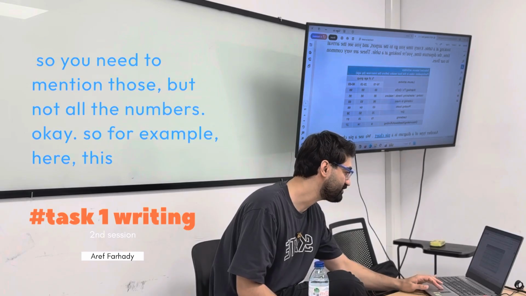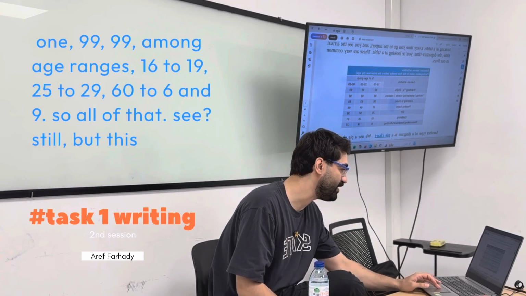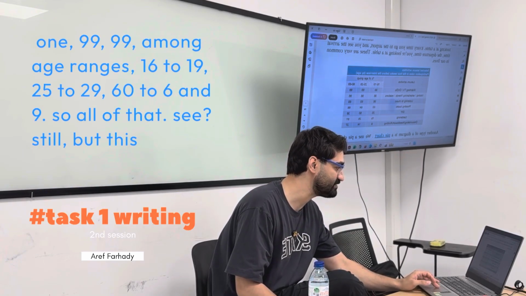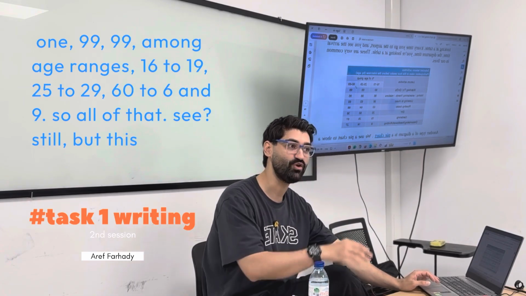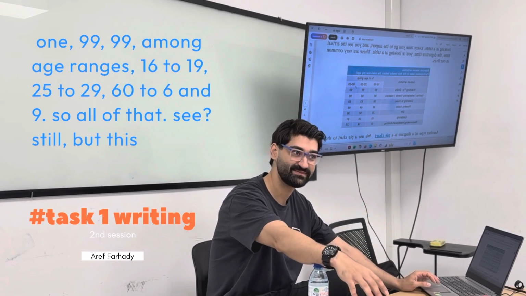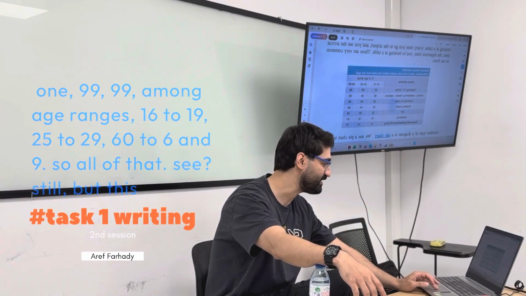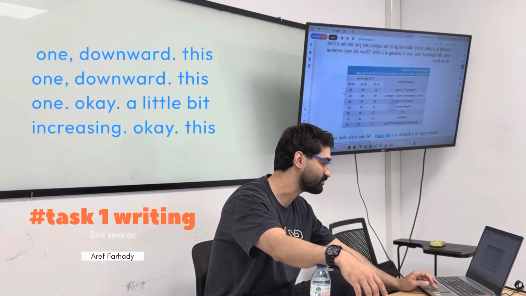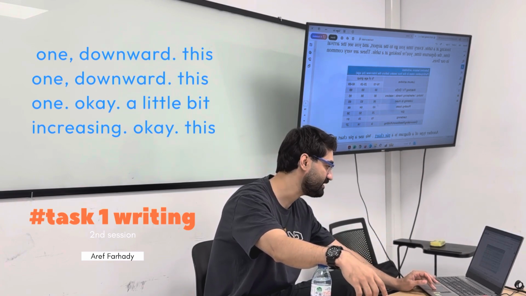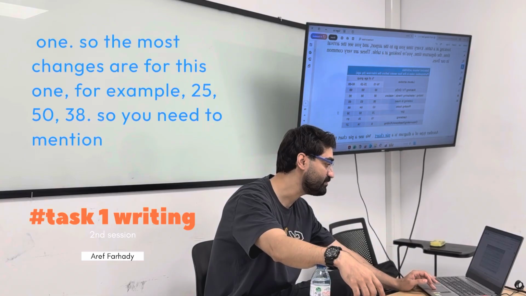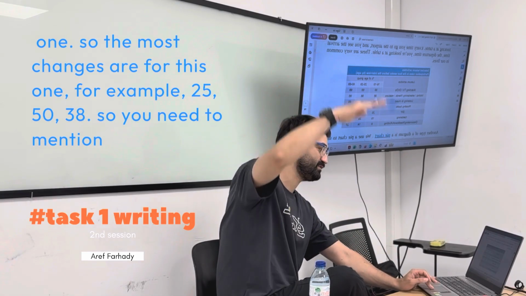So, for example, here, this one, 99, 99, among age ranges 16 to 19, 25 to 29, 60 to 69, so all of that. See? This one is still, but this one is downward. This one, downward. This one is a little bit increasing. So the most changes are for this one, for example, 25, 50, 38.